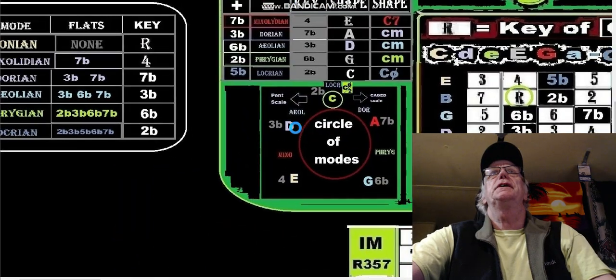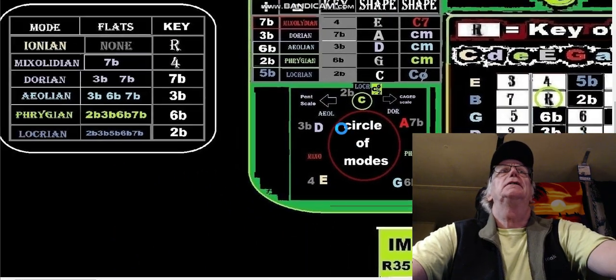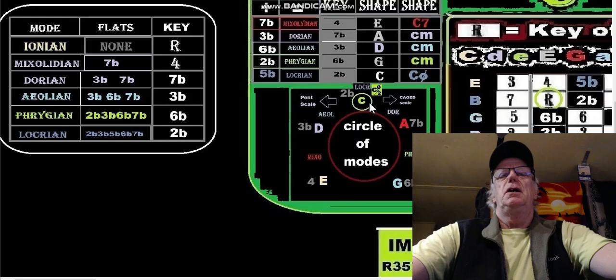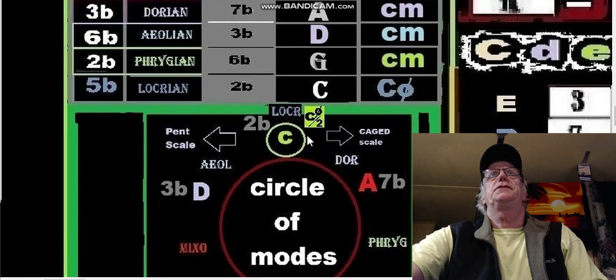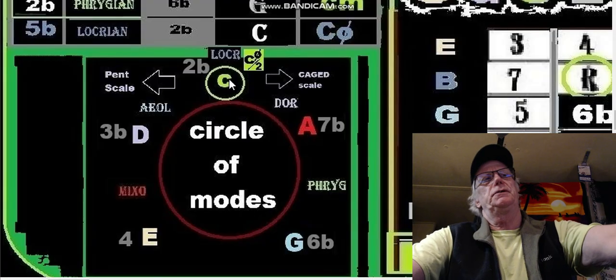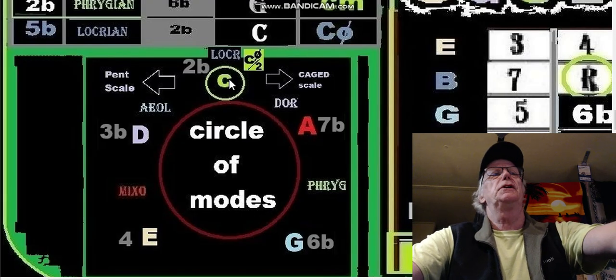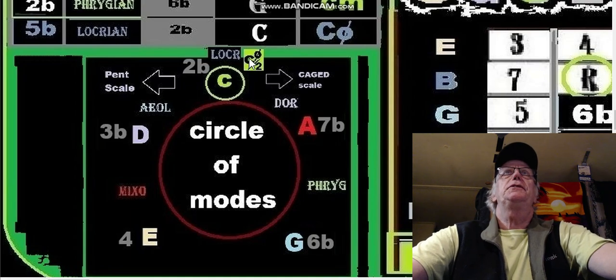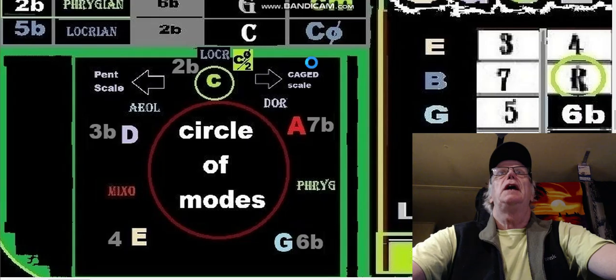Let's not worry about the circle of modes, because this is focusing mostly on the C minor in the C box. So we've got the C, and then we just make it minor and start adding flats. So we're looking at C minor there, but notice this C half diminished over 2. We are going to be looking at that C half diminished over 2.